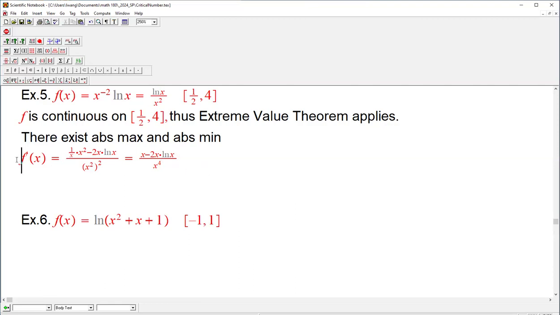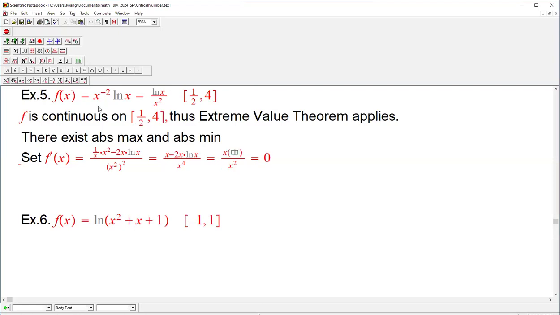I'm going to set it equal to 0. The denominator cannot be 0. Well, x is from here, so the denominator will never be 0. So for the derivative to be equal to 0, the numerator must be 0. But for the numerator to be equal to 0, let's do some factoring. No sweat. X can be factored out.